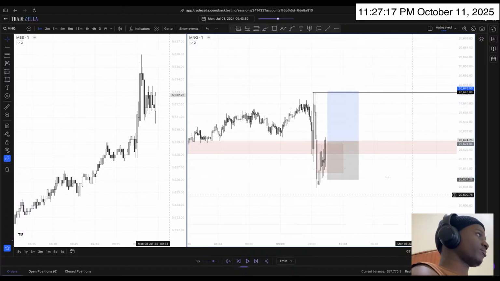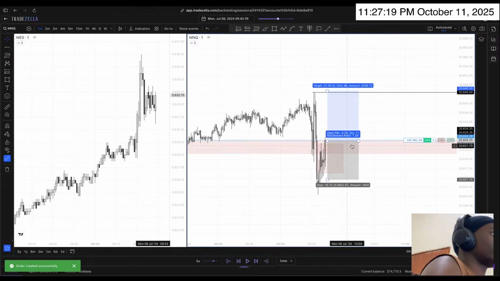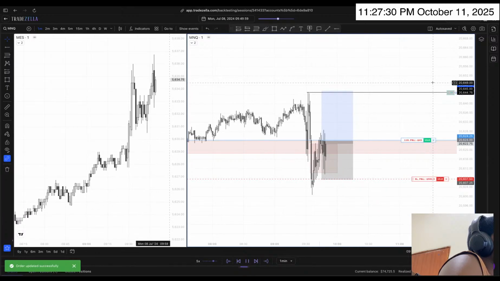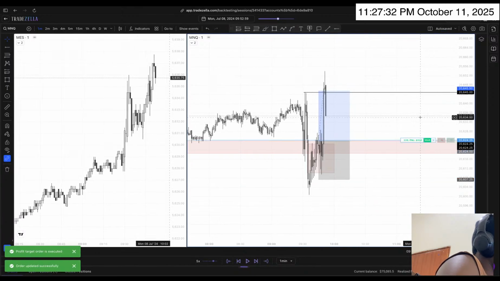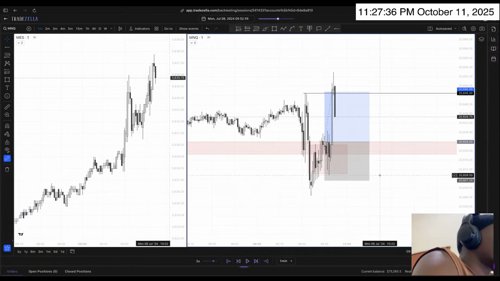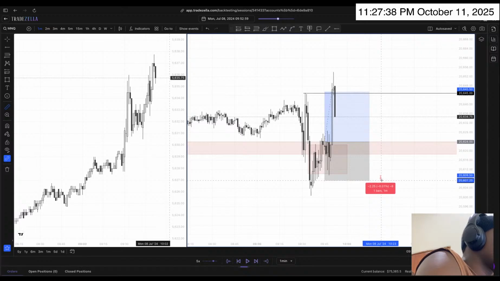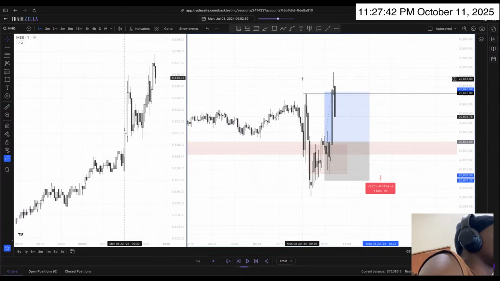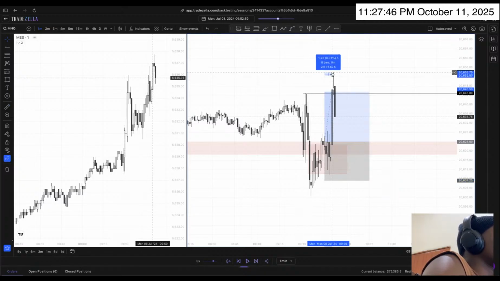Buy 1.2 R. It's the week after SMT. Oh, it ate the SL by a few ticks, from here to here, 2.25, and like shoots up directly to take profit in literally minutes. 5 minutes.